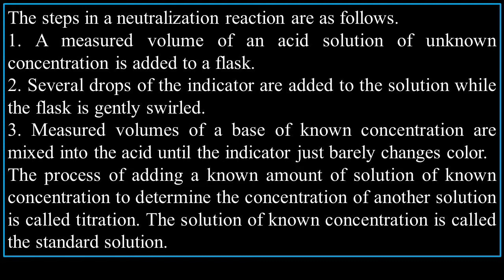The process of adding a known amount of solution of known concentration to determine the concentration of another solution is called titration. The solution of known concentration is called the standard solution.